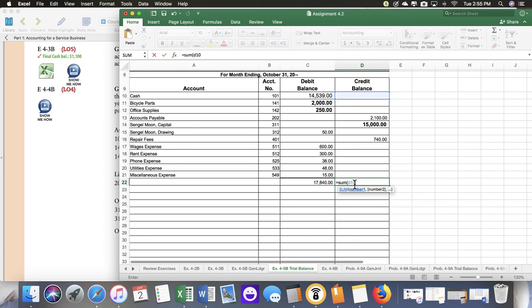So it's D10 colon D21. If you notice, there's a blue box around the cells. And then there you go. Both amounts do equal the same, so we know we have everything correct. So if you have any questions when you get started doing this assignment, please let me know.